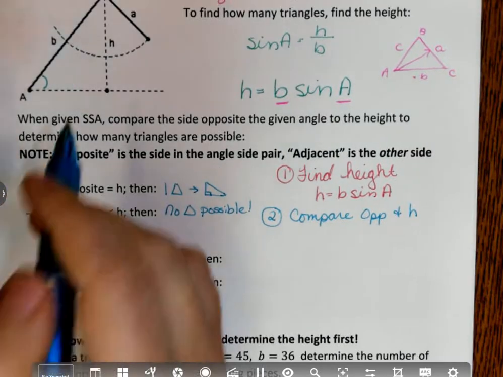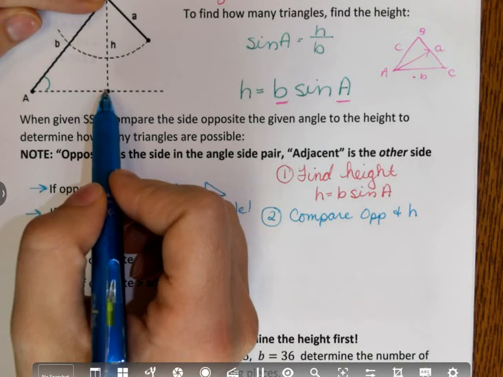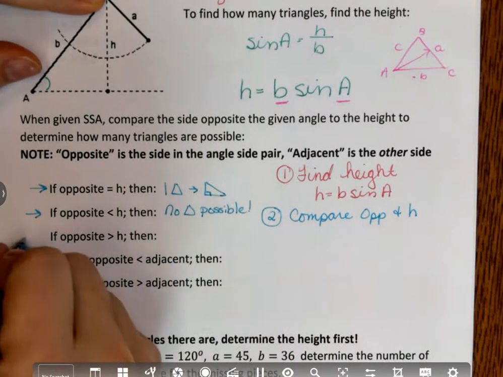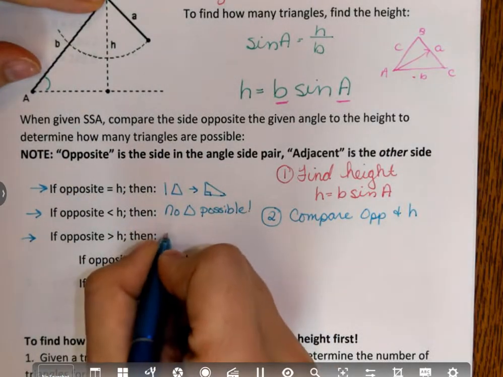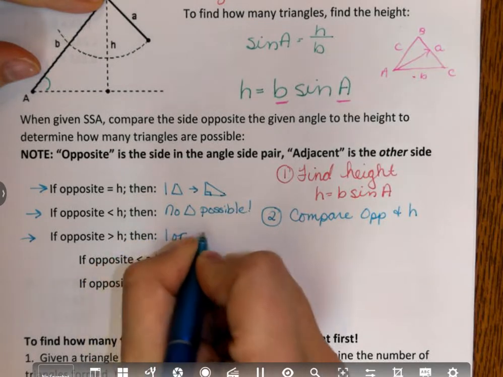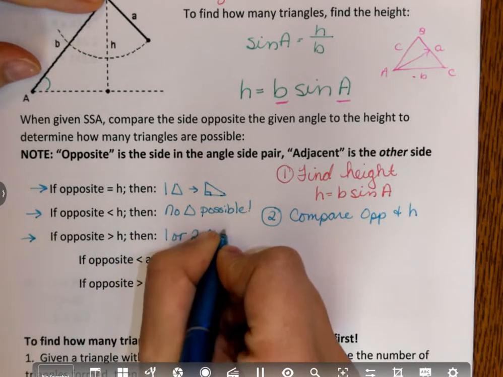Now, the next instance, we said, okay, what if it's bigger than the height? Well, if your opposite is bigger than the height, then you're going to have two choices. You're either going to have one or two triangles possible.